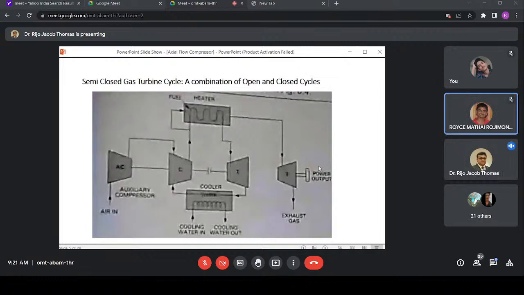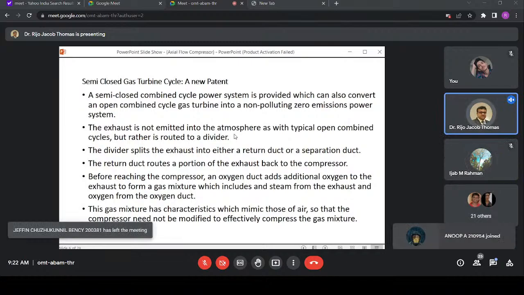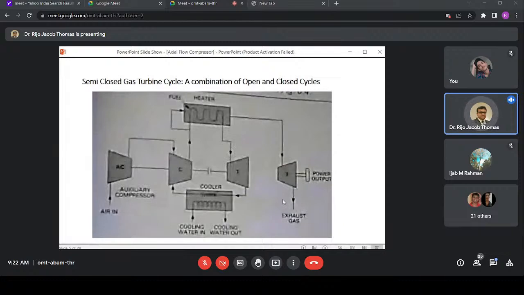Okay. Now I have also seen a patent which is slightly different from what I have. That is also called a semi-closed gas turbine cycle. Instead of doing this open cycle, the gas which is coming out, they treat it. Everything is not given out.